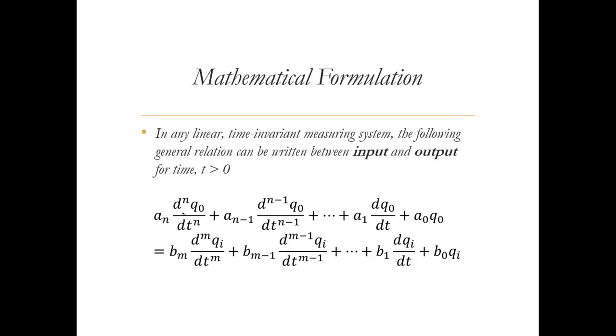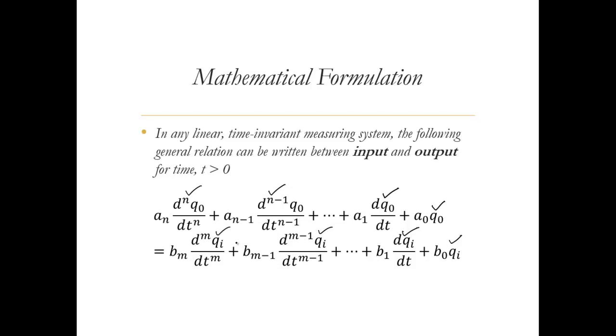So between the input and output, this is the relation, equal to sign. You have a linear time invariant differential equation, which talks about the output, the rate of change of output, the higher order differentials of the output, and obviously the input, and then the rate of change of the input, and accordingly higher differentials of the input.